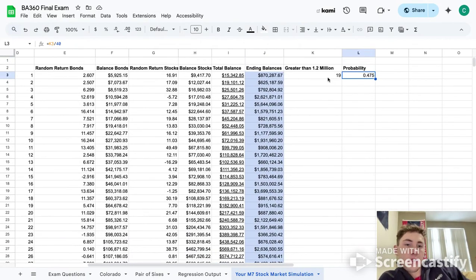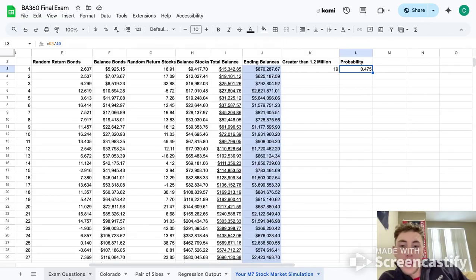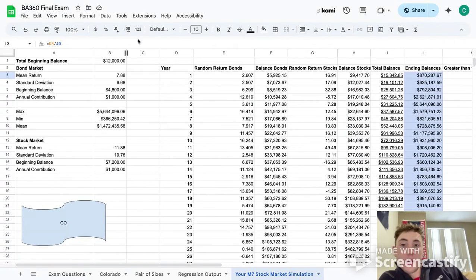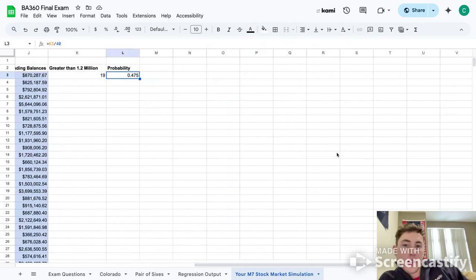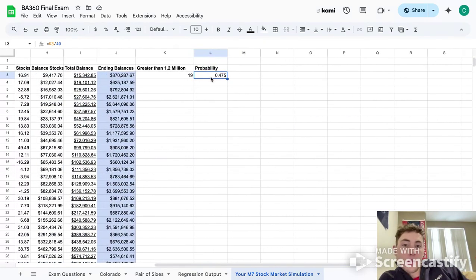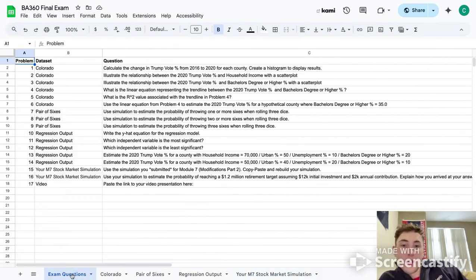So in this certain script I ran, 47.5% chance that if you started with 12,000 and contributed 2,000 annually, 1,000 to the bonds and 1,000 to the stocks, there's a 47.5% chance that you have over 1.2 million with our simulation.